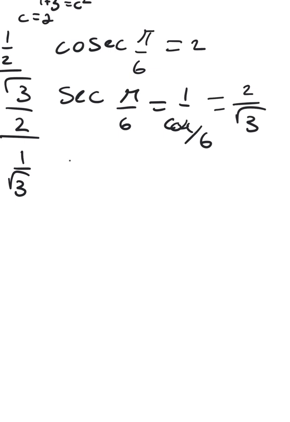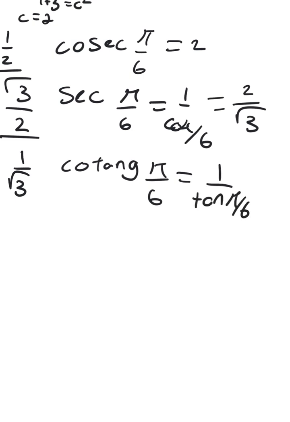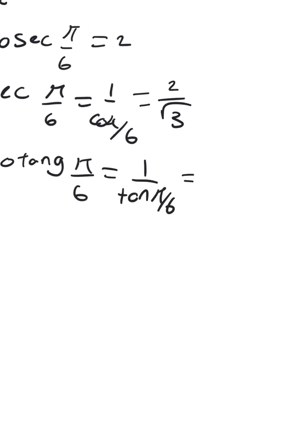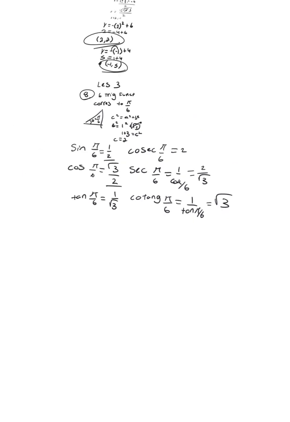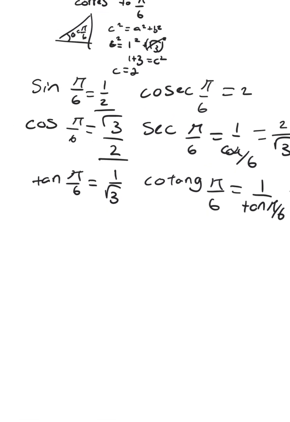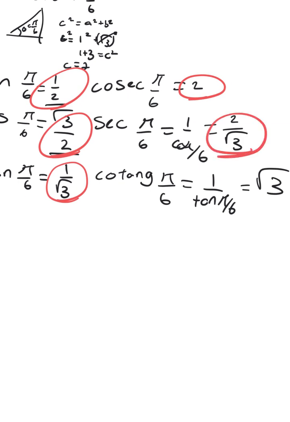And finally, cotangent of pi over 6 equals 1 over tan of pi over 6, which also equals the square root of 3. So here are all the different answers.